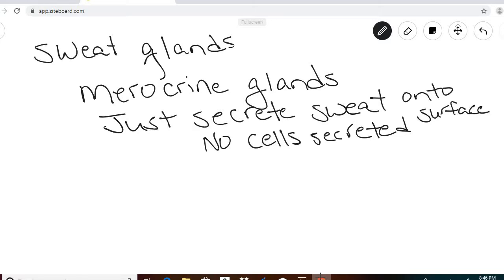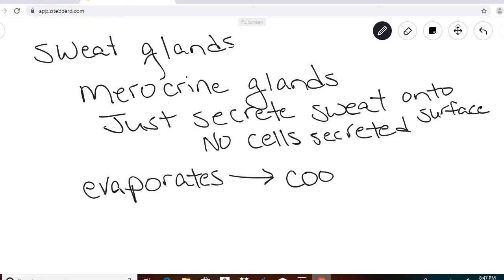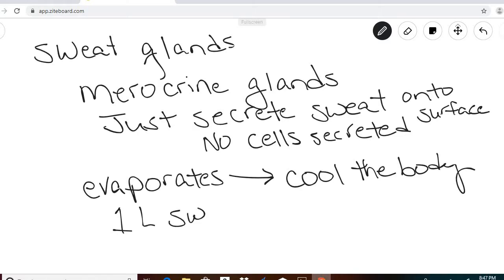Now, as you may know, the purpose that sweat serves is that when sweat evaporates, there is a lot of heat that is lost. So that helps to cool the body. And it really is a lot of heat. The sweat has to be evaporated in order for it to serve a cooling function.